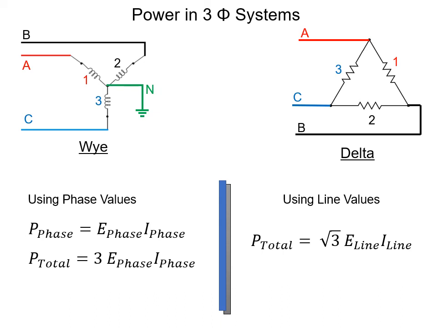Again, to go from a phase value to a line value, multiply by root 3, that gets us to our line values. And if I want to add an additional one to each of those, again, it would be 120 degrees of separation. So I would have to root 3 each of the lines again.